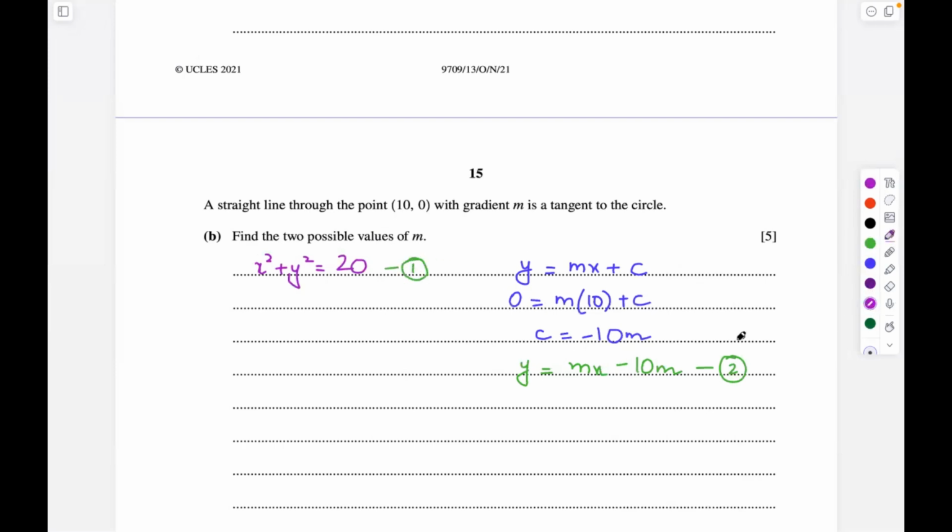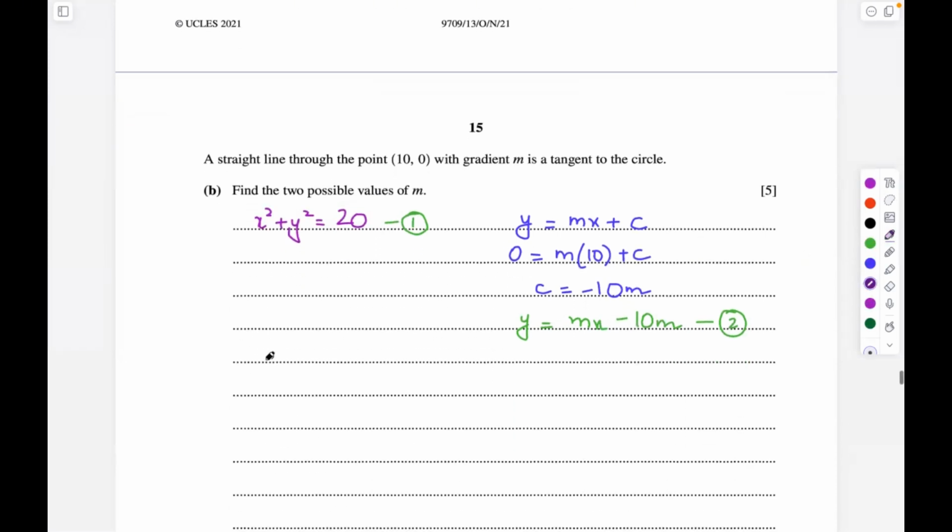Substituting this equation of the line in the equation of the circle, we'll get x squared plus (mx minus 10m) whole squared equals 20. Now expanding this, this will become x squared plus m squared x squared minus 2 times mx times 10m, so we'll just write it as 2 into mx into 10m, plus (10m) squared.